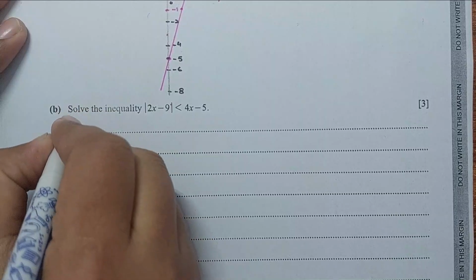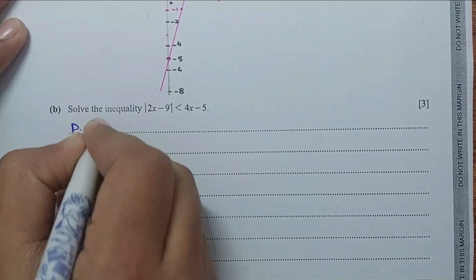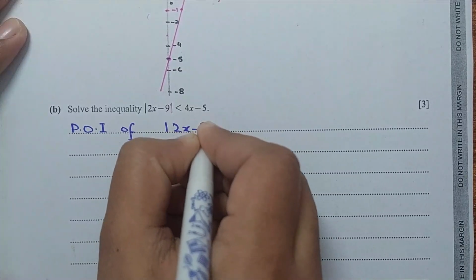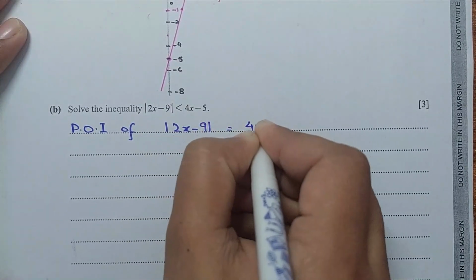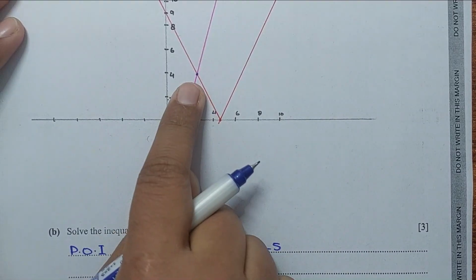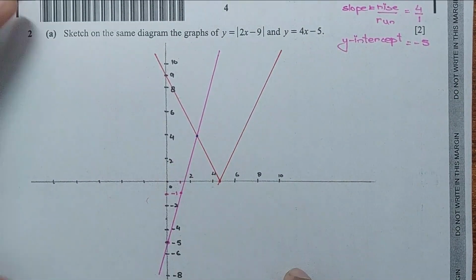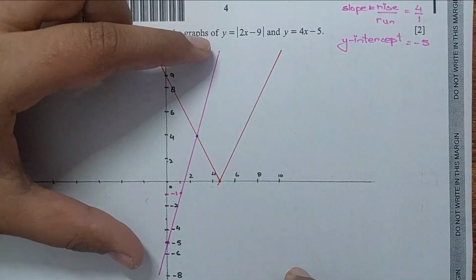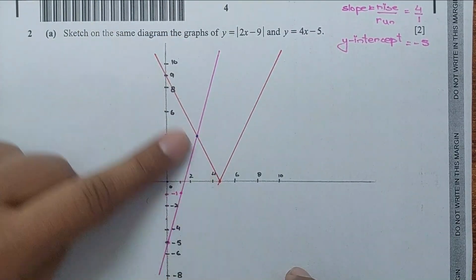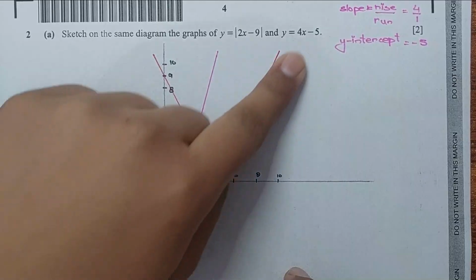So first we need to figure out the point of intersection of absolute of 2x minus 9 equals 4x minus 5. Put them equal. They have only one point of intersection, and it is where this linear function y equals 4x minus 5 intersects with this part of the curve only, not with this one.